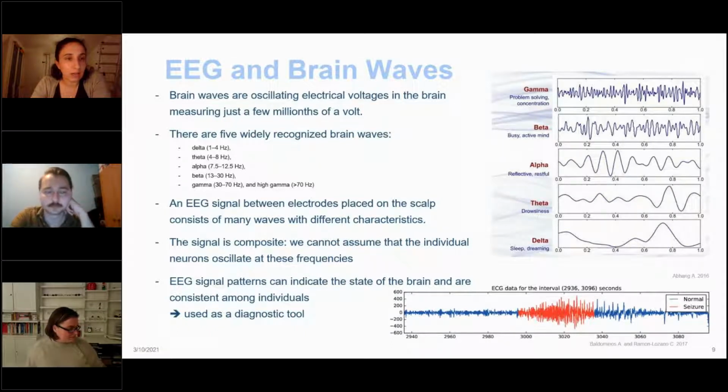They all have Greek letter names. And each of those brain waves is associated with a specific brain state. For example, an increase in alpha power is associated with reduced attention, and an increase in theta power is associated with engagement in a cognitively demanding task.